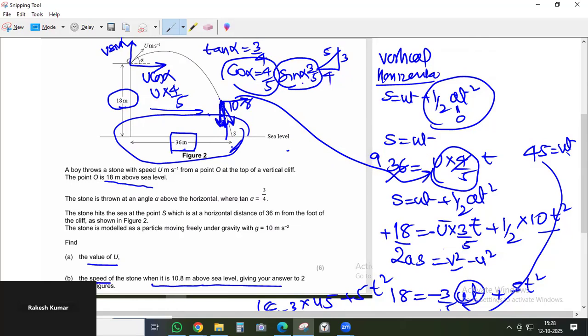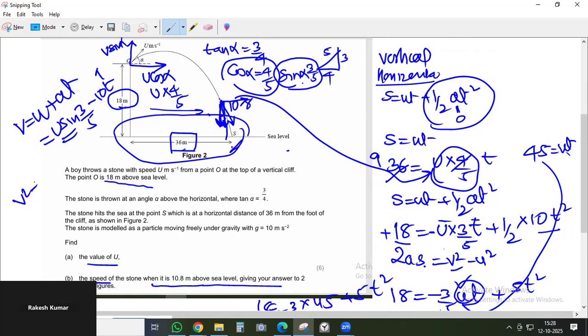This is changing, right? So for this I'll have to do V is equal to U plus AT. First I will find the initial U sine alpha, and then minus 10T. But again we don't know the time. So what will I do?